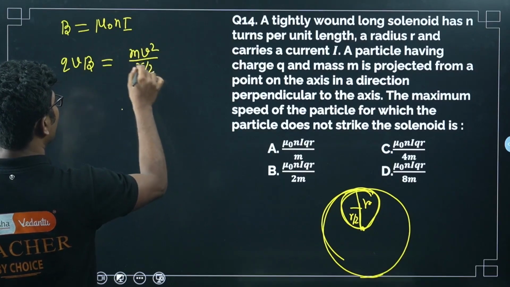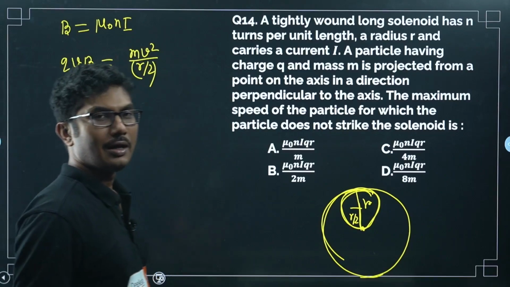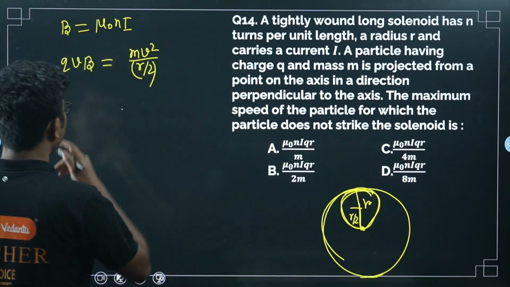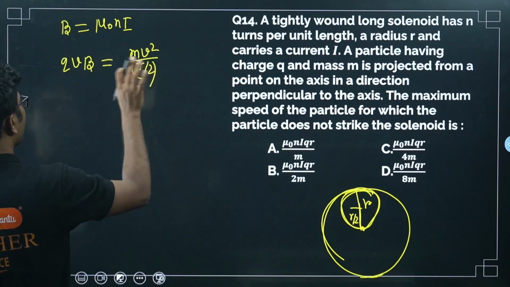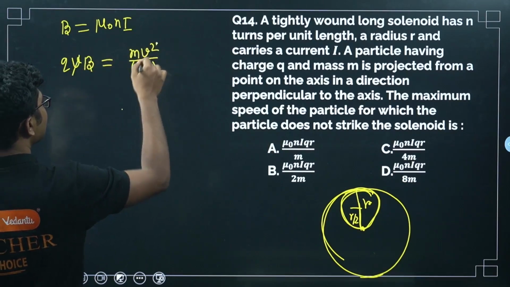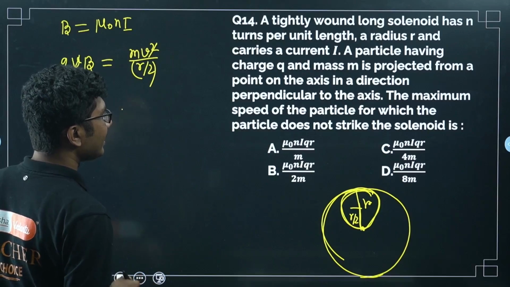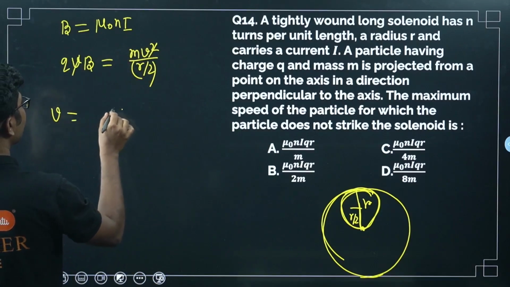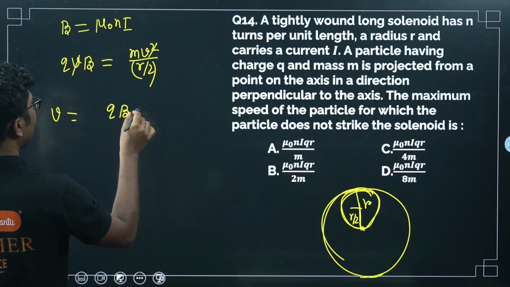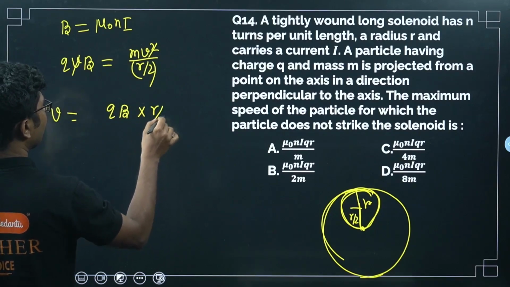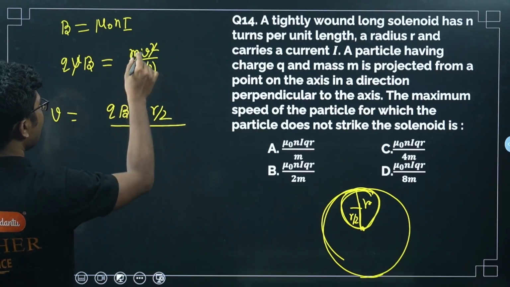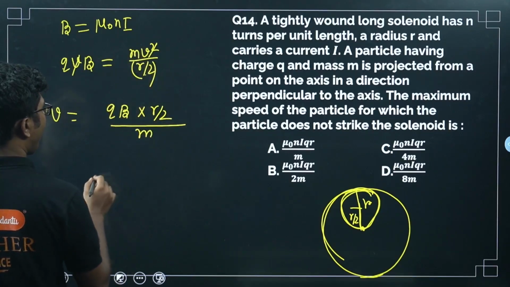Here r by 2. Okay, that is the basic formula that you have to remember every time you are solving magnetic field problems. This is very important formula. So v cancels. They have asked you to find the maximum velocity, so you are calculating v. So v equals to qB times r by 2 divided by m, right?